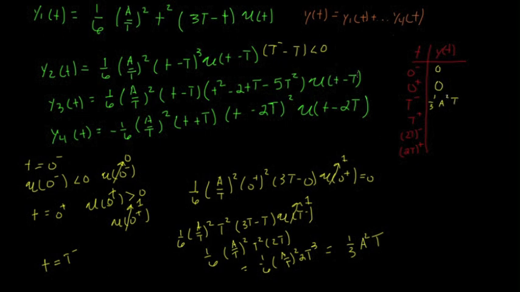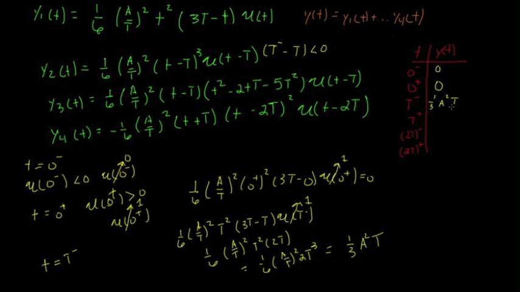Now at this point, we would just continue to substitute these values of t into our different equations, and we would use the same logic that we used for 0 minus, 0 plus, and t minus. So at t plus, y1, y2, and y3 would all turn on.